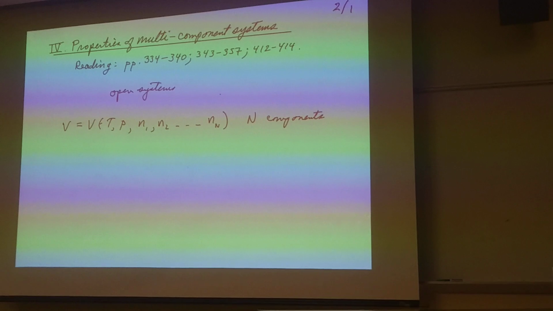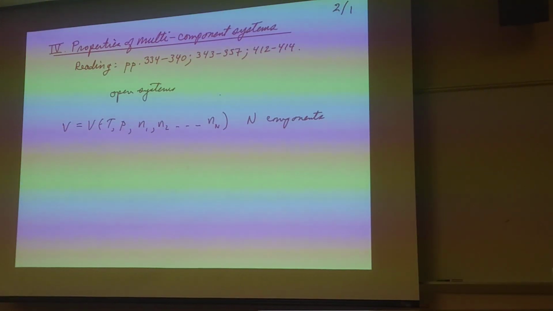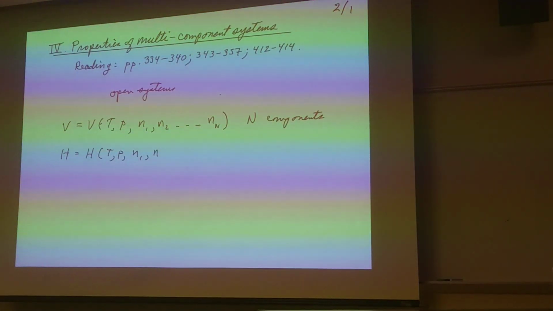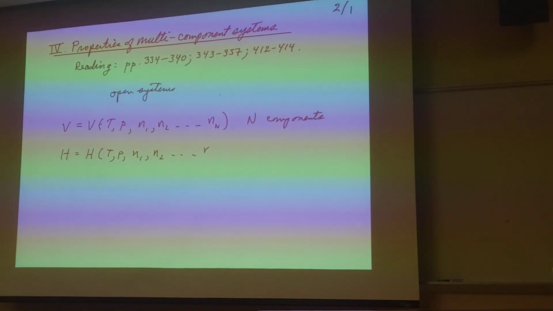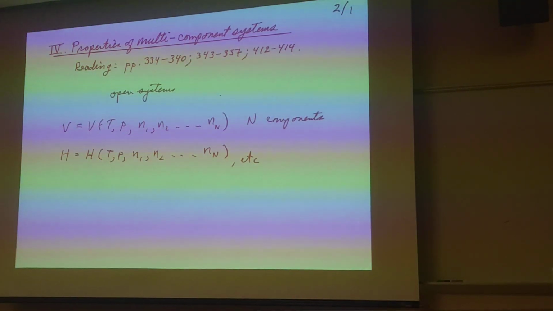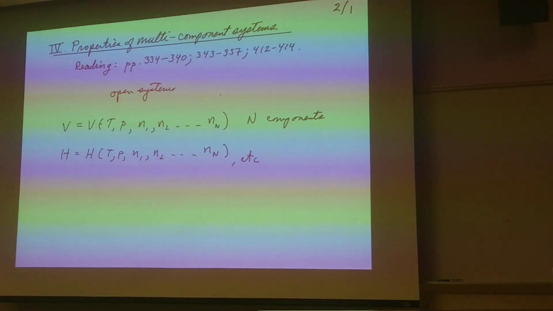And I could do this for any of the extensive properties. For example, H could be written as H as a function of T and P, N1, N2, on to N sub N, and so forth. And I could do that for any of the extensive properties of the system.